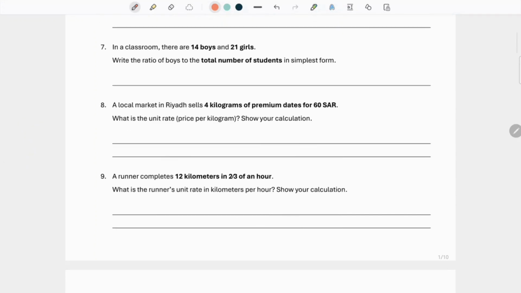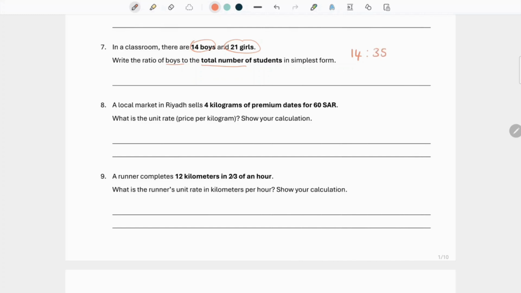Question 7. In a classroom there are 14 boys and 21 girls. Write the ratio, read it carefully, boys to total number of students. So number of boys is 14. Total number of students, so we'll be adding the boys and the girls. 14 plus 21 is 35.